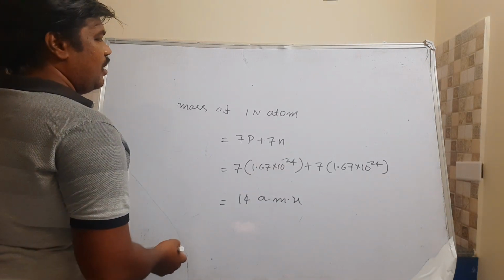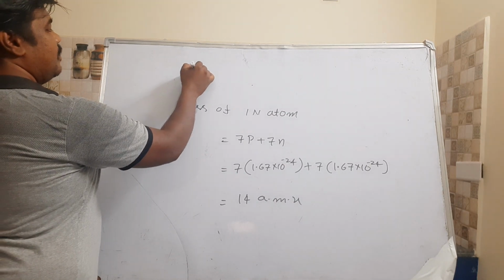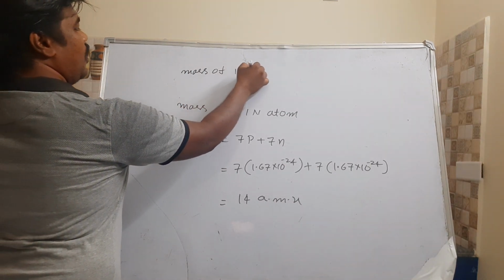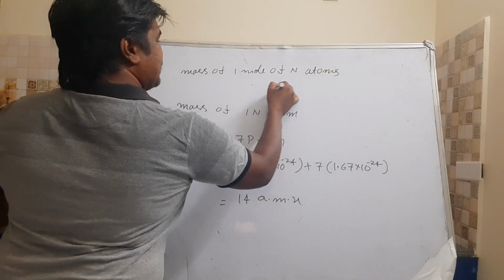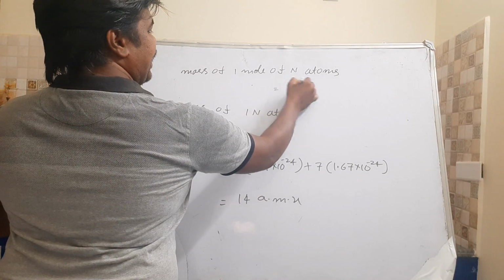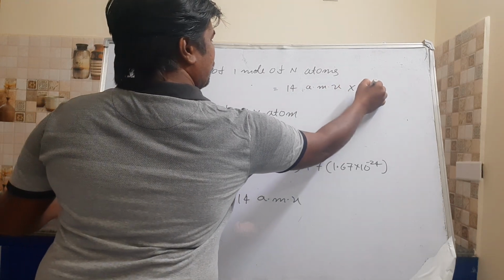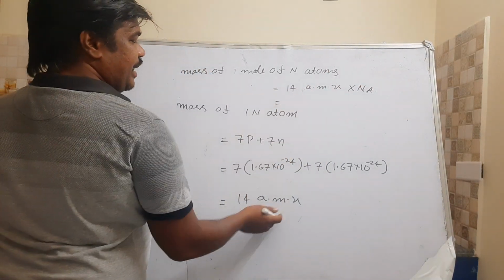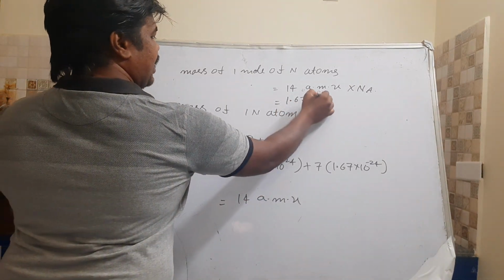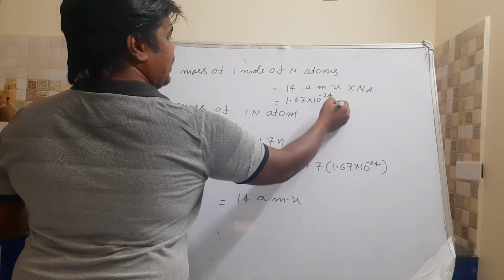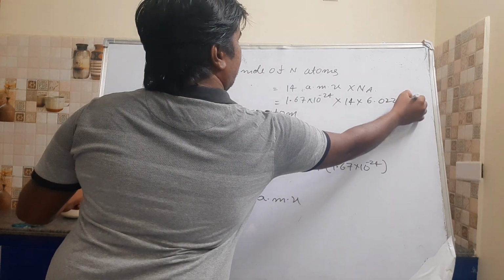The mass of 1 mole of nitrogen atoms is equal to 14 AMU into Avogadro number. This is what we discussed in the last class. 14 AMU, where 1 AMU is equal to 1.67 into 10 to the power of minus 24 grams, into 14 into Avogadro number 6.022 into 10 to the power of 23.